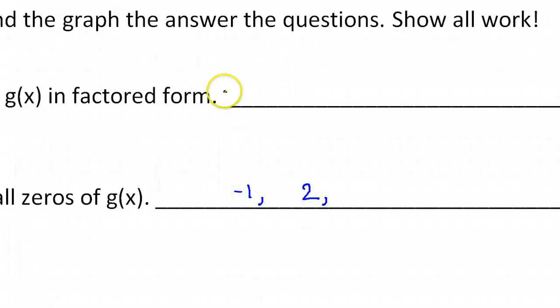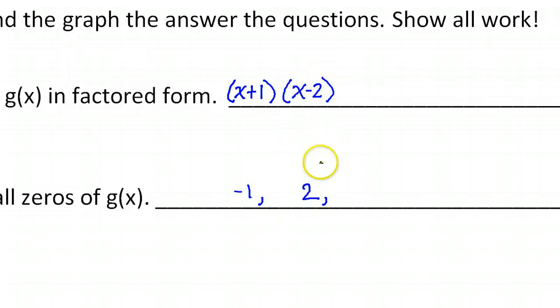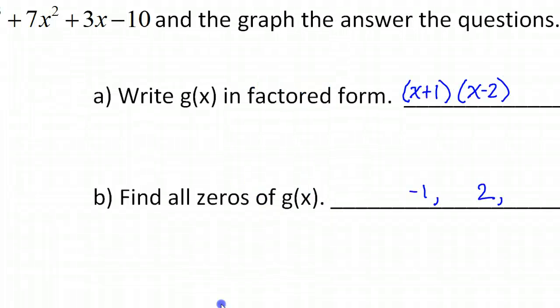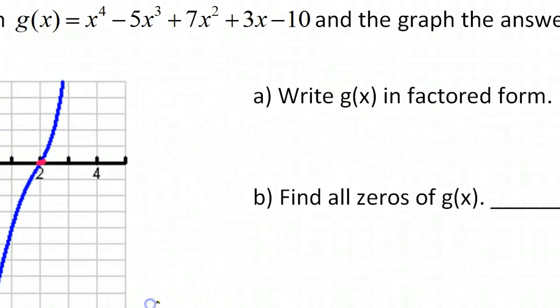So from a 0 of negative 1, we can infer a factor of x plus 1. From the 0 of positive 2, we can infer a factor of x minus 2. Now look back at the function. Can you tell me how many zeros there will be total when we're done?